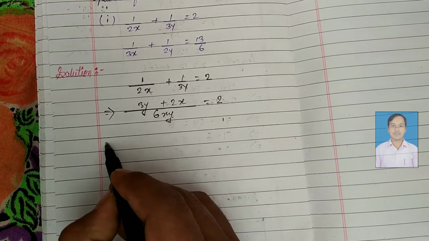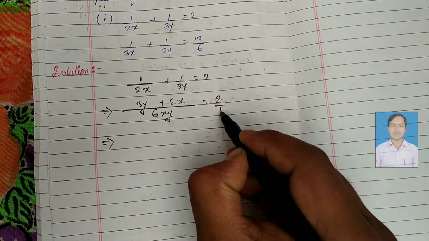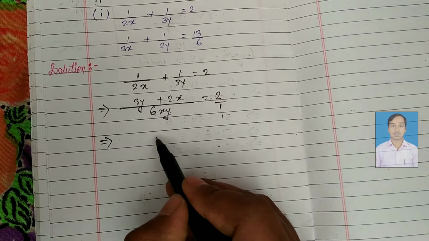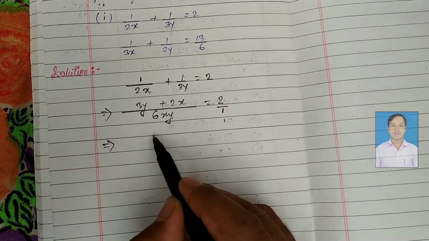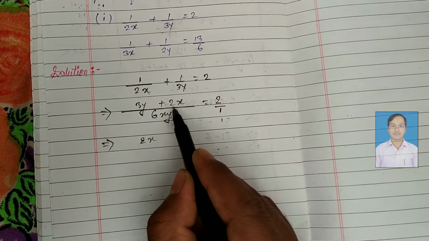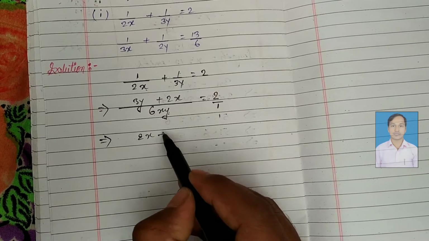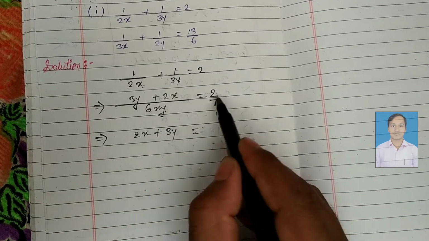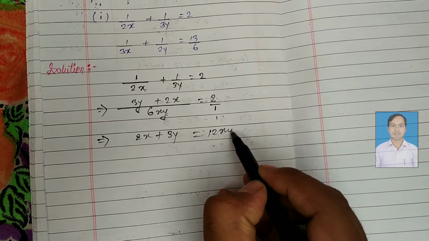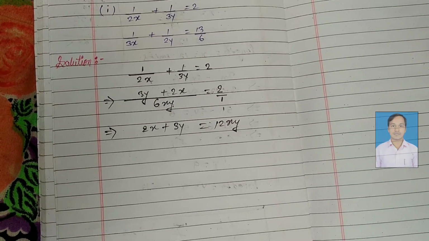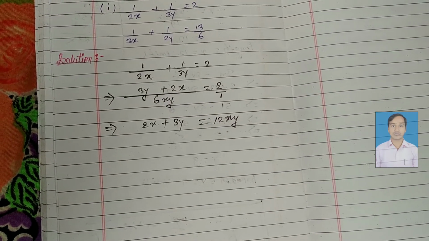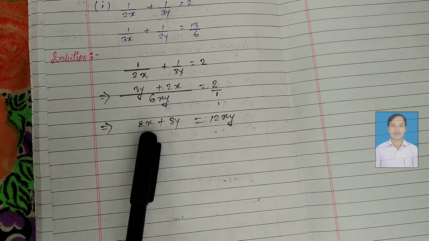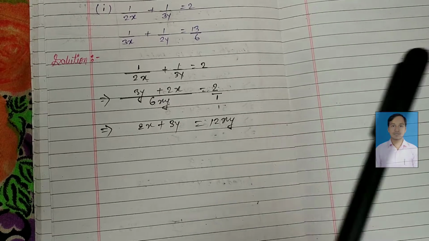Now write 1, because 1 is hidden here. Then cross multiply, so you will have 2x plus 3y is equal to 12xy.